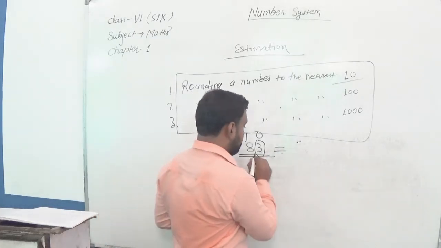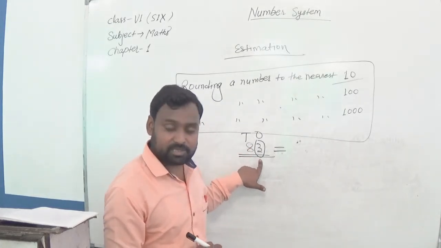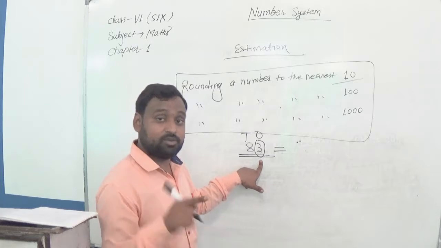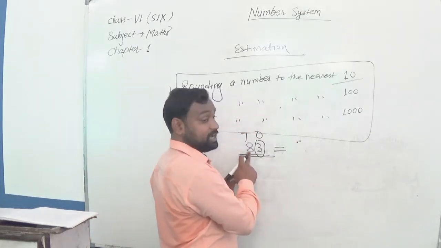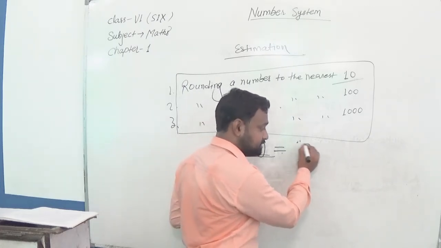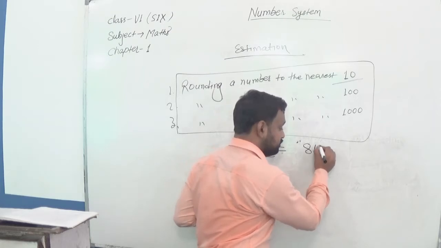See, we have 3 at the ones place, which is less than 5. That's why we have to keep the other digit unchanged. It means it is 8, and 3 will be replaced with 0.